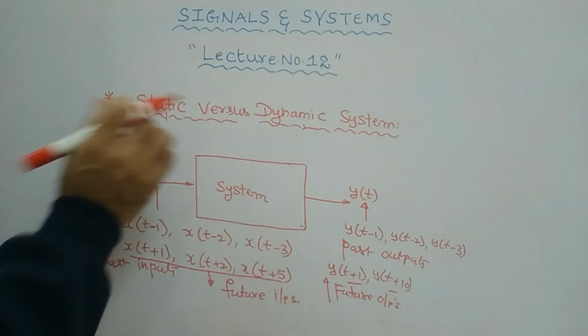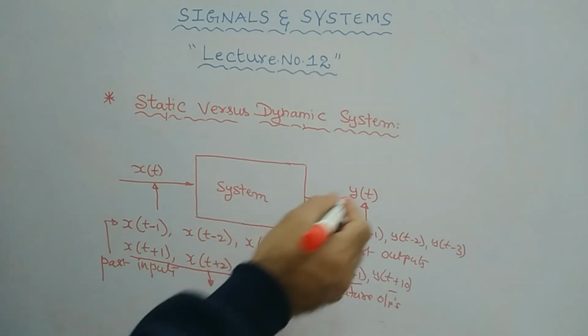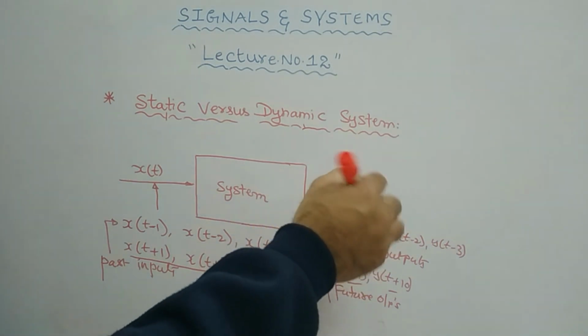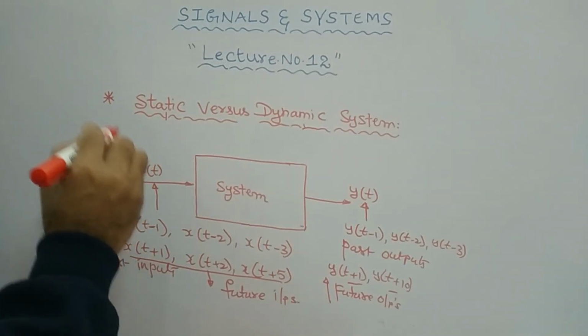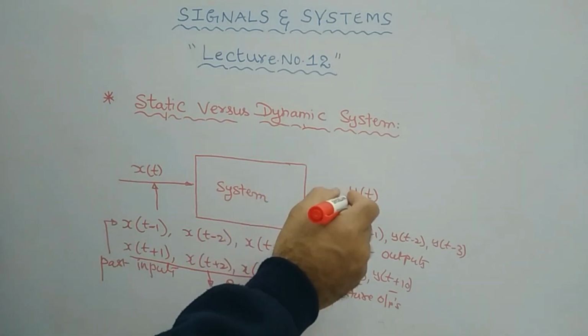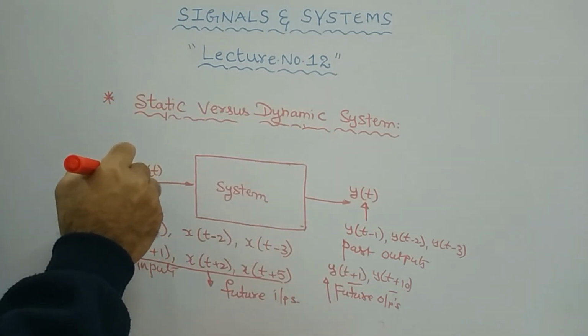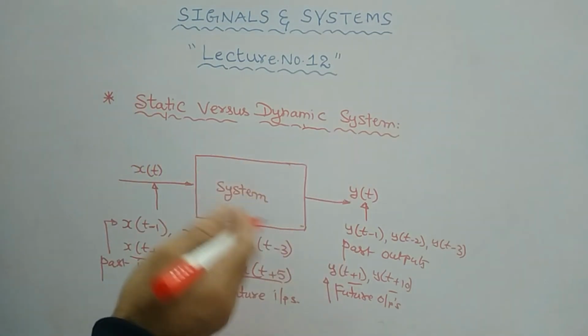Therefore, as per the definition of the static system, your output y of t should depend on the input at the same instant of time. What could be the relation?